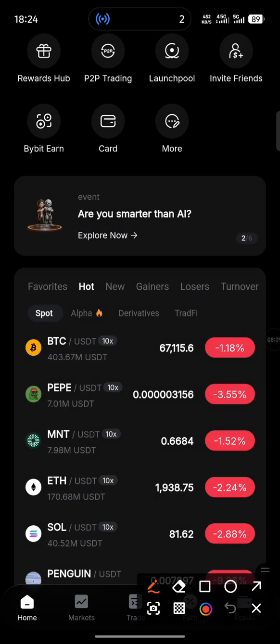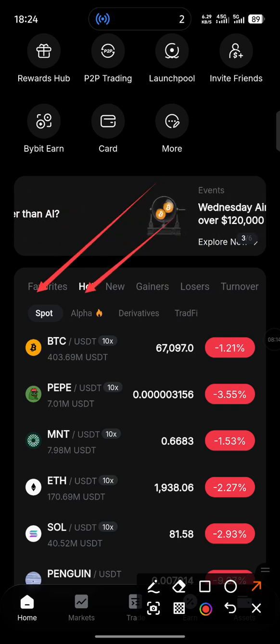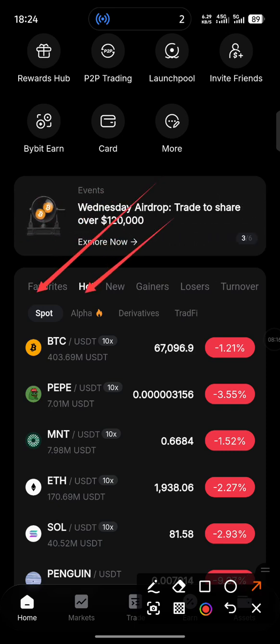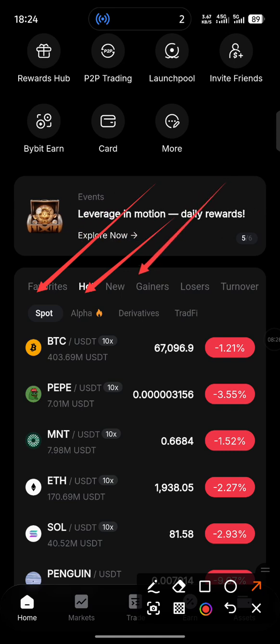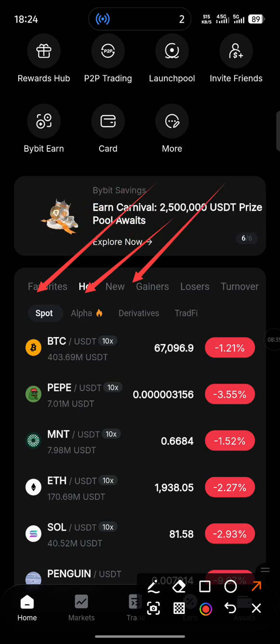And again, you need to look at the top here carefully. This place is favorite. This place is hot. These hot sessions show you the particular cryptocurrency coins that are currently doing well, or that people are currently investing in. This place will show you the new cryptocurrency coins, the ones that are babies in the market, the latest in the market.